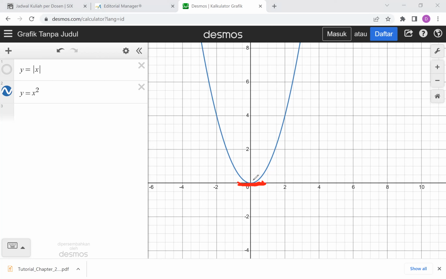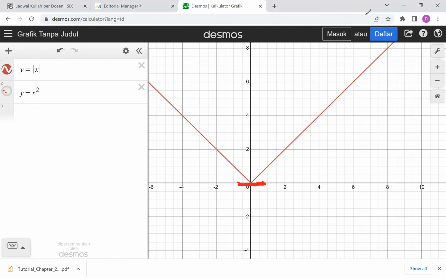And note that the gradient of the tangent line to the curve is just the derivative of the function at the point. The derivative of x squared is 2x, and 2 times 0 is 0.